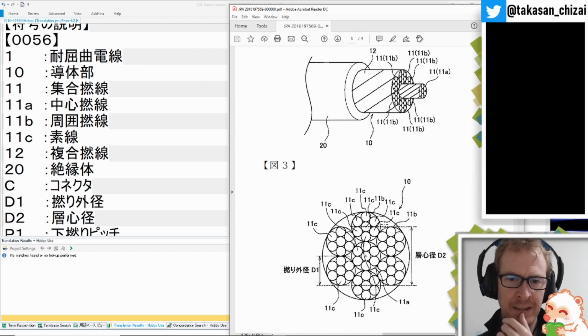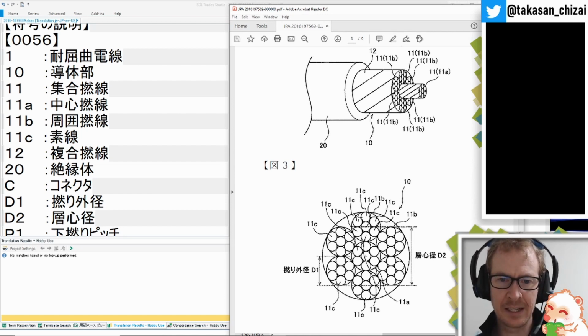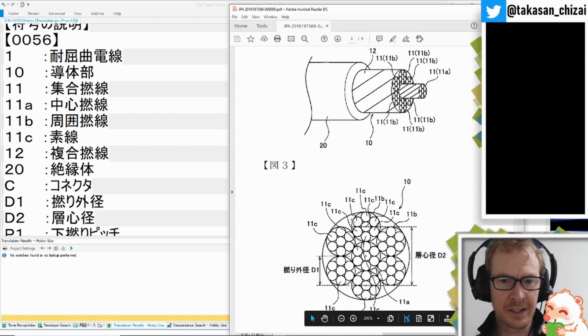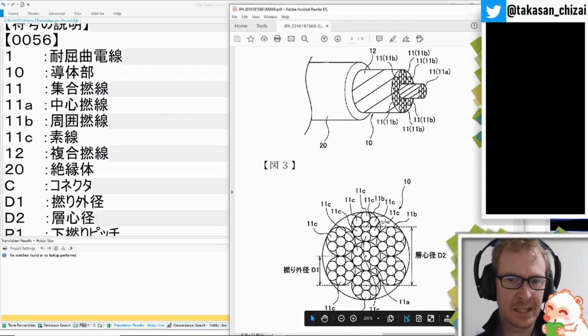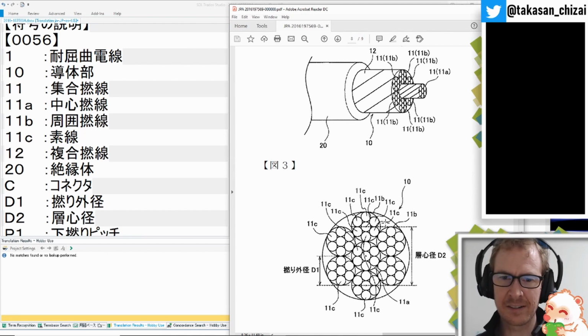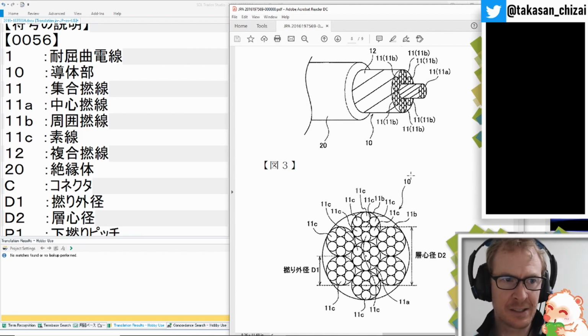I'm just wondering whether the parts between here are included in the conductor portion. Because if the conductor portion includes this polarity of wires and something in between here, we can't say it's a one-to-one relationship. This 10 includes 12 and something in between.